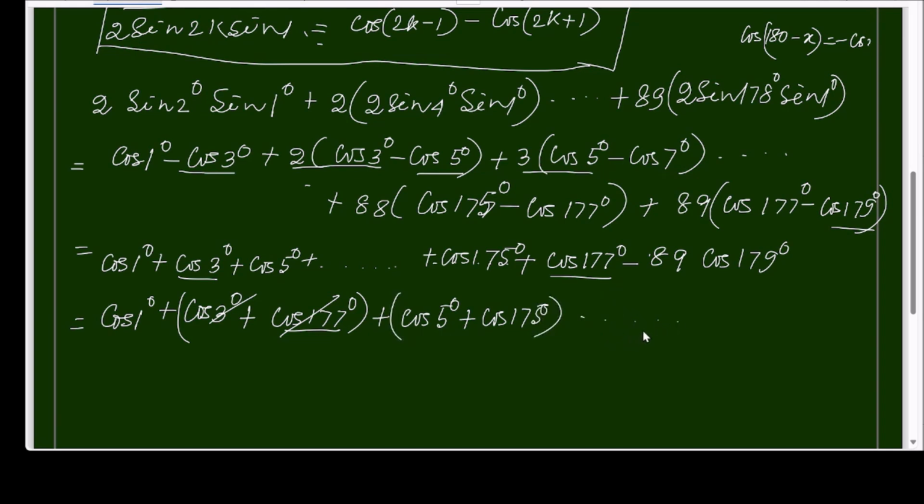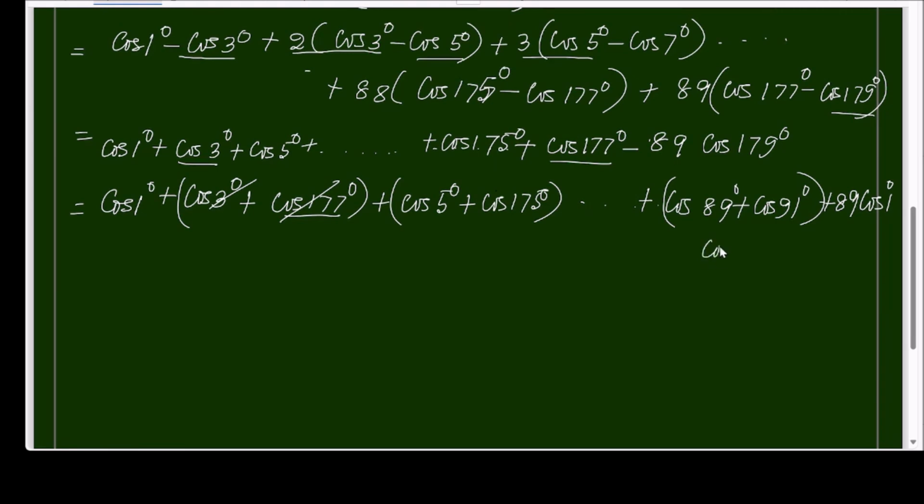And here somewhere I'll get cos 89 degree plus cos 91 degree. They will cancel each other, and the last will be minus cos 1 degree, which will give you plus 89 cos 1 degree. Let me explain again.